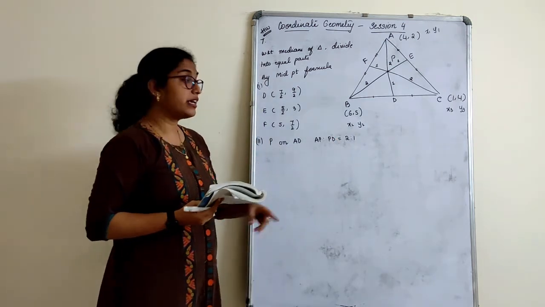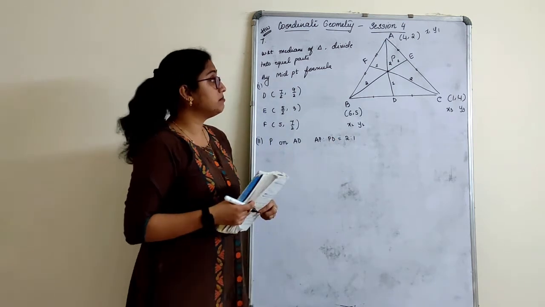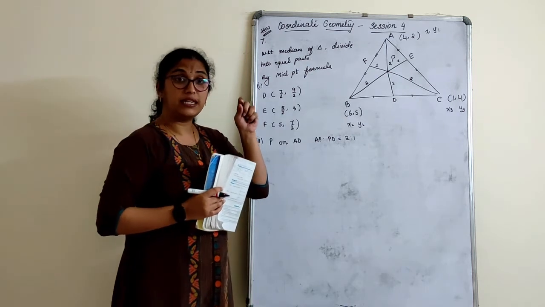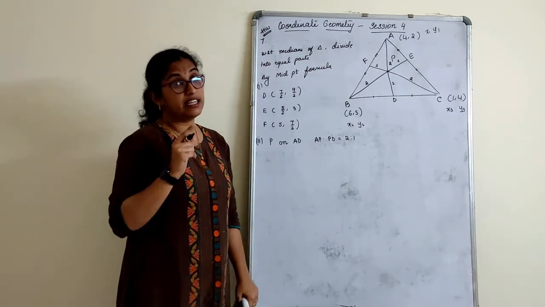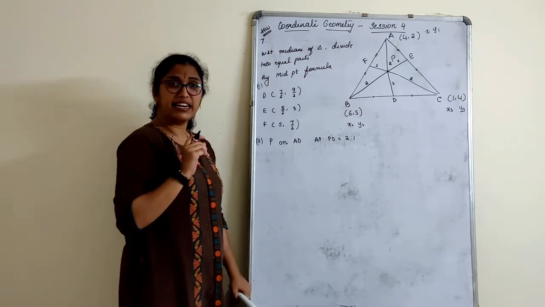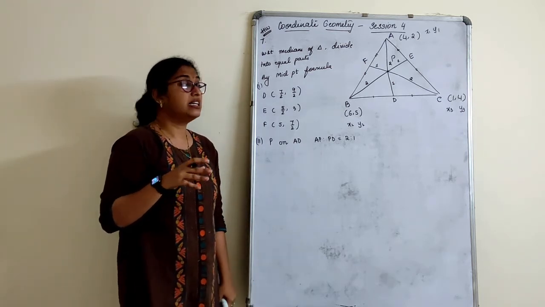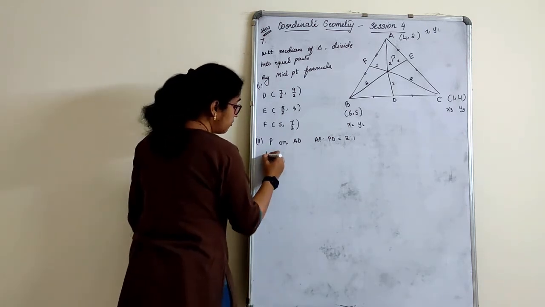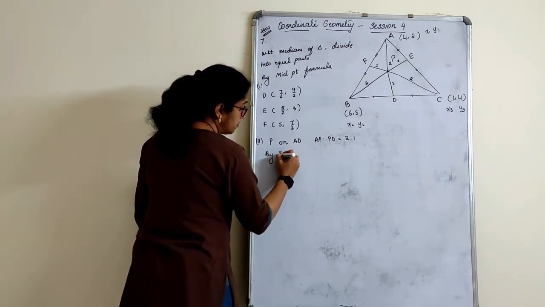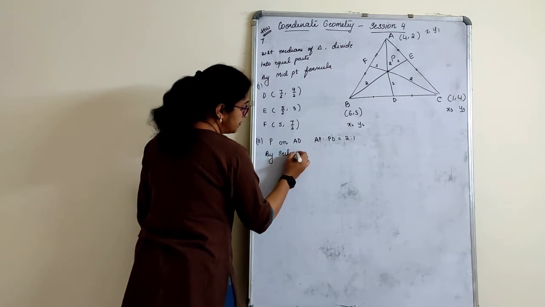Even if they don't give you 2:1, you should know that the point where all three medians meet divides them in the ratio 2:1. If it is dividing in a particular ratio, children, then what is that? It is nothing but the section formula.